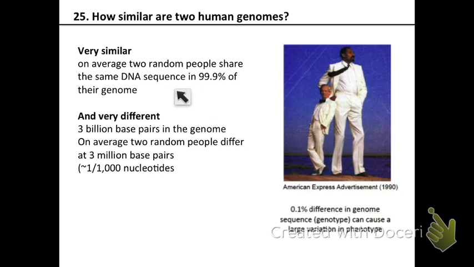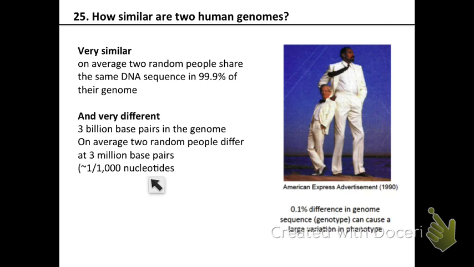So we're very similar, right? On average, two random people share the same DNA sequence in 99.9% of our genome, so we're all human. But we're also very different. Given 3 billion bases in the genome, on average, two random people will differ at about 3 million base pair locations, right? So in 1 to 1,000 nucleotides.